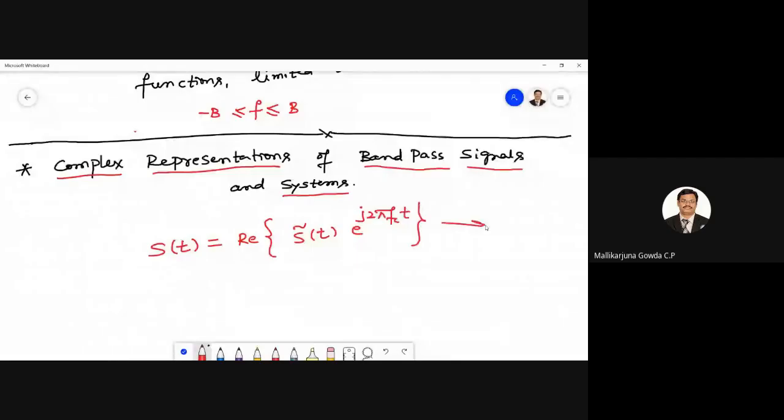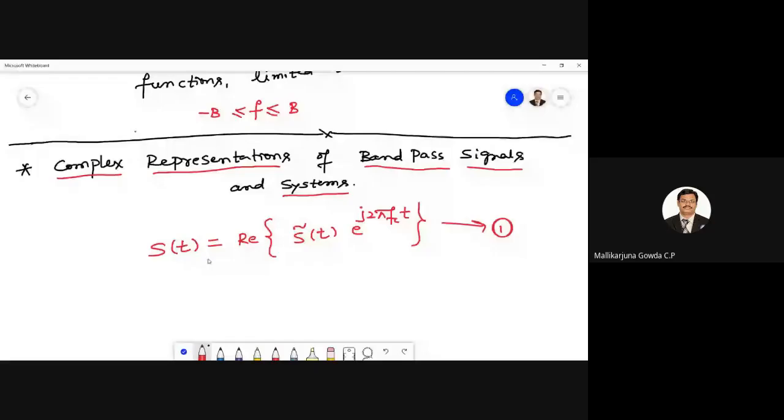This is the representation of the bandpass signal in terms of the complex envelope. Here, s tilde of t is the complex envelope, right? So this is how I represent the bandpass signal in terms of the complex envelope s tilde of t. You should be able to understand this is a bandpass signal.